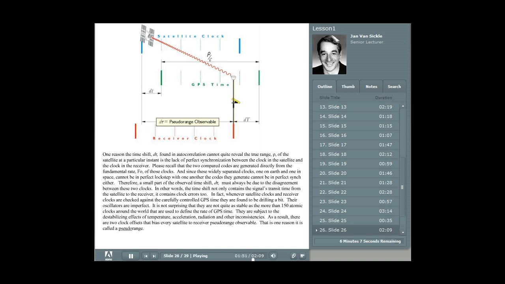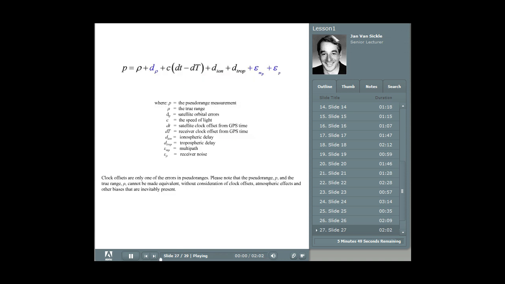So therefore, the pseudo-range has some errors associated with it that are very difficult to remove. And so the pseudo-range by itself, while it has the virtue of being approximately correct, is certainly not at the level of accuracy that we have come to expect from GPS.